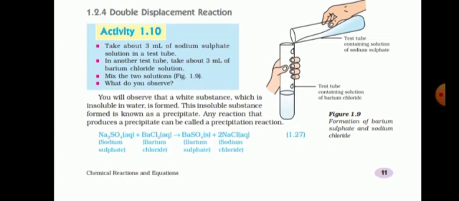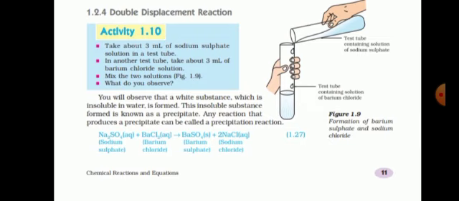Now mix the two solutions together and combine them. Now let us see what we actually observe from this. From this picture, I guess you can understand that we are combining both the solutions together from one test tube to the other. We will observe that a white substance which is insoluble in water is formed.